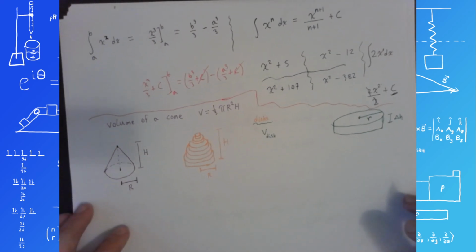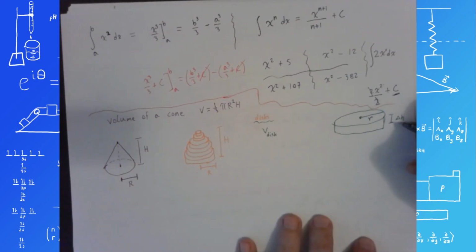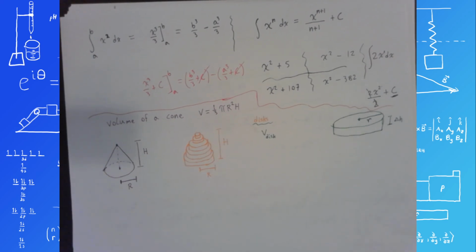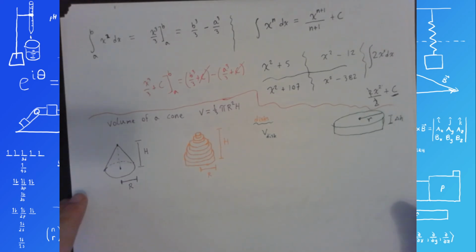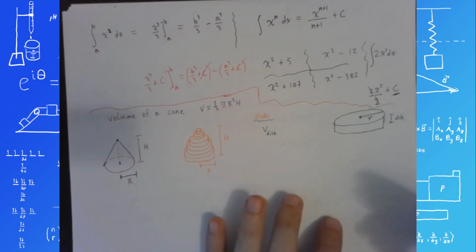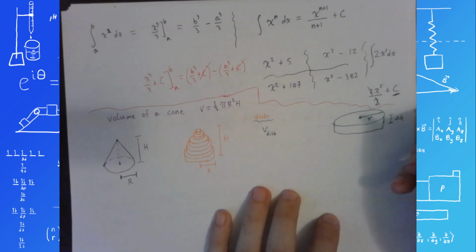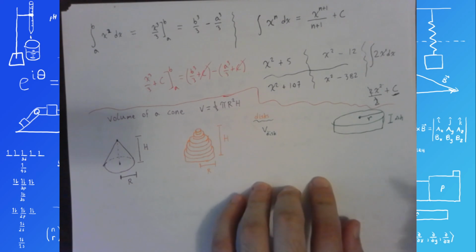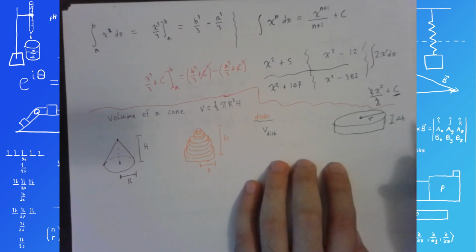Here, I'm going to give each disk the same height, the same delta h, and I'm going to make the disks so thin that these delta h's become negligible, in much the same way that I had my delta x's for rectangles become negligible by just creating more and more rectangles.